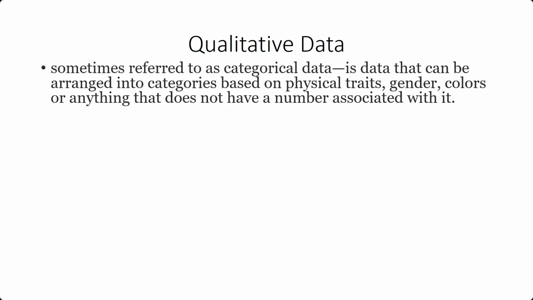So qualitative data is usually not a number. When you're getting data, if it doesn't have a number, it is automatically qualitative. There are a few numbers that can be qualitative, but if it is not a number, it is definitely qualitative.